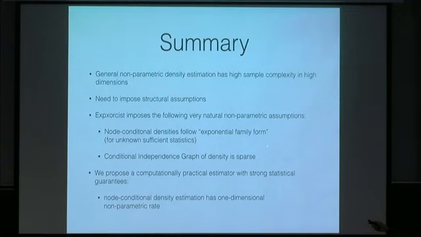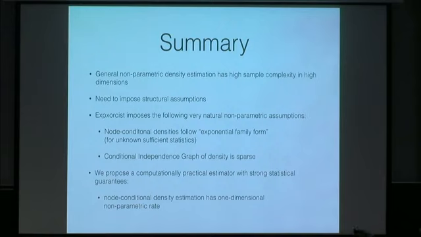So the two assumptions we impose are, first, that the node conditional density has an exponential family form. And again, there are many results that show that even when a density does not have an exponential family form, it can be close to one. There are these results for finite dimensional exponential families, and I think we can extend those to our settings. The other non-parametric assumption is that the conditional independence graph of the joint density is sparse.